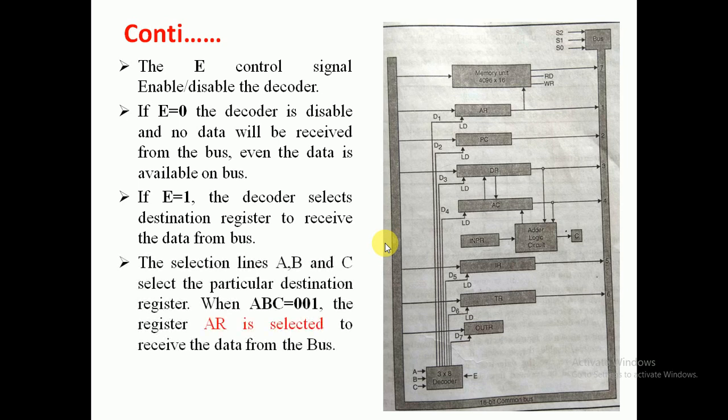For example, when ABC is equal to 001, the address register is selected to receive the data from the bus. When this ABC is 0001, then it decodes to D1 and this address register's load function is enabled and it receives the data from this internal bus.